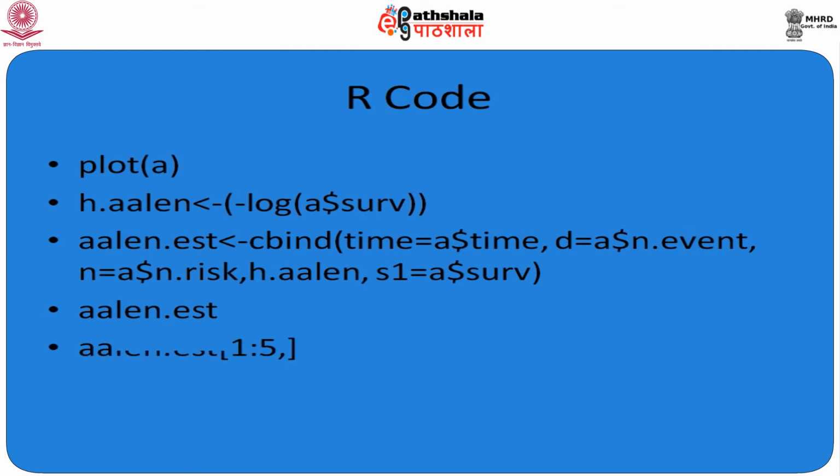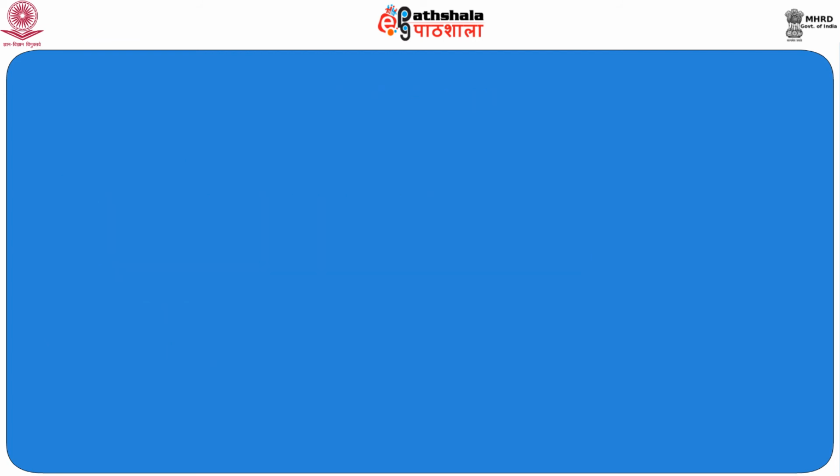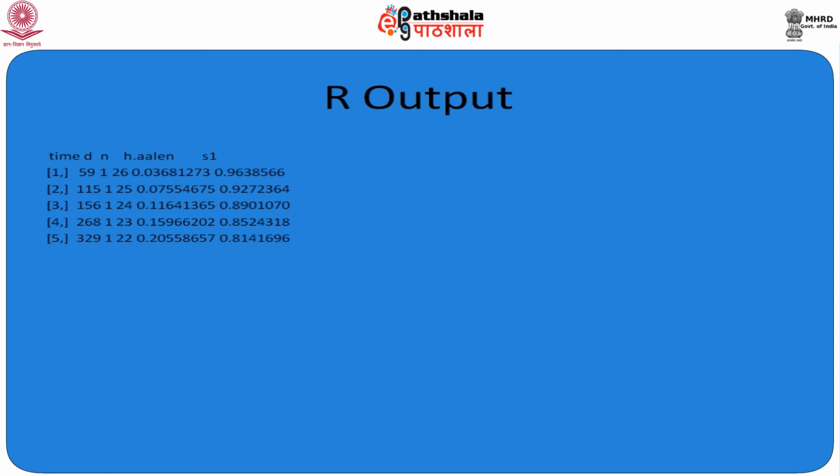So it will give us the Nelson Aalen estimated functions, and here we are not giving all observations. For the first 5 time points, we are giving the estimation values in the next slide by Aalen.est of 1:5.